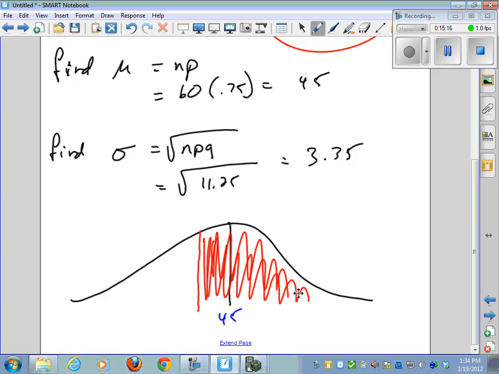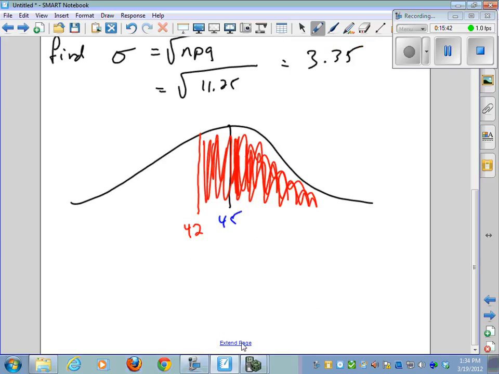No, not 45, percent. I'm looking for the shaded area. What's the chance that she's going to make more than 42? It's going to be more than 50. Very good, Lacey. This is 50 right here, the right-hand side, so it's going to be 50 plus whatever that little bit there is.